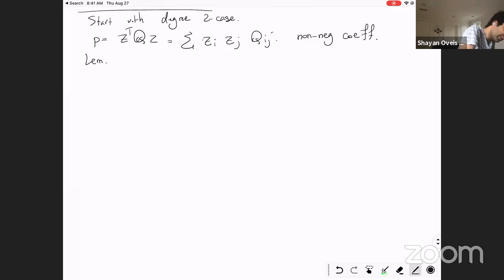Now we have this lemma, which says the following are equivalent. One is that P is log concave.